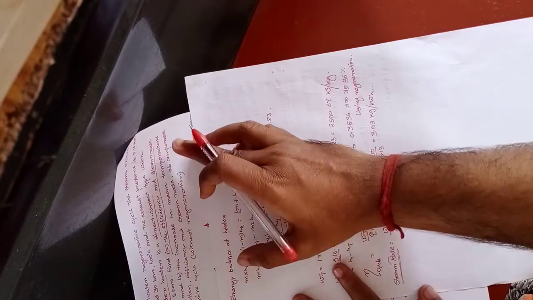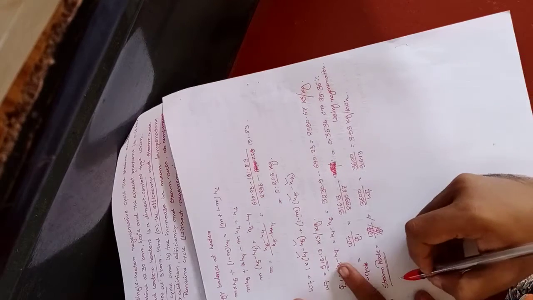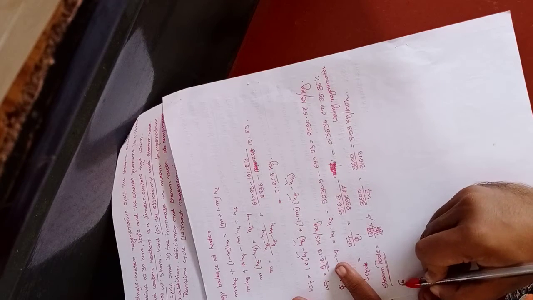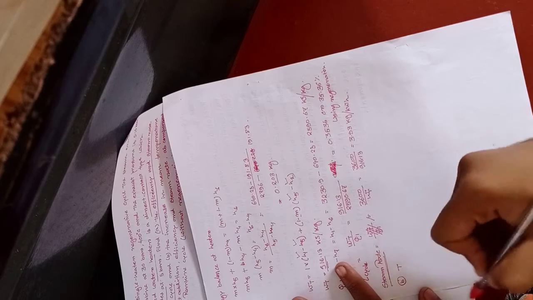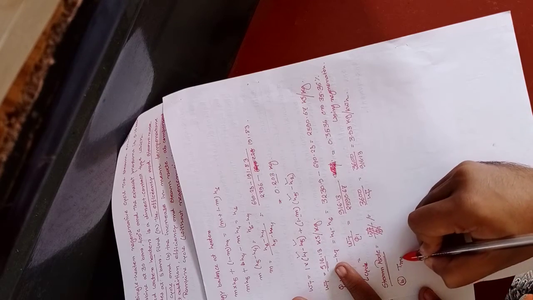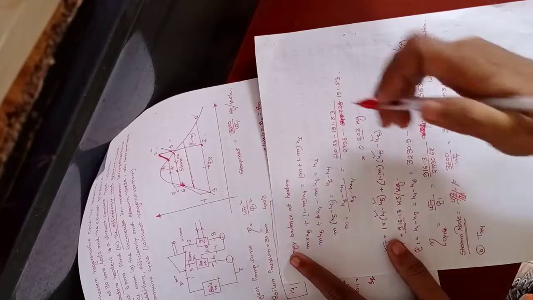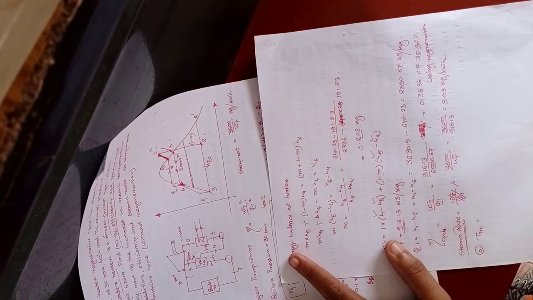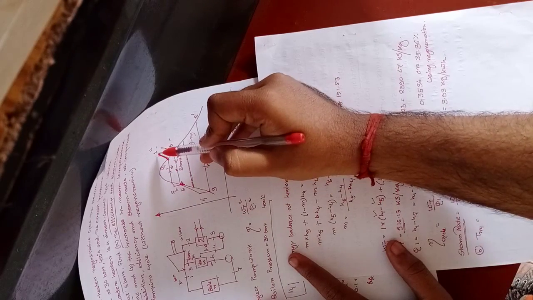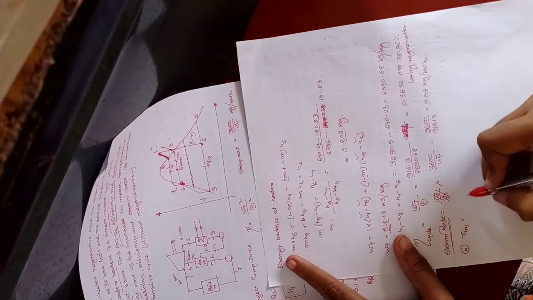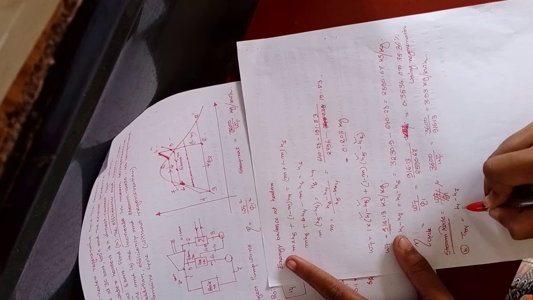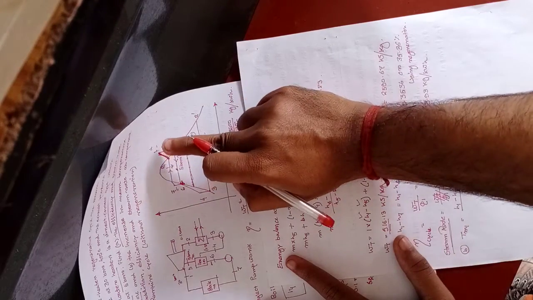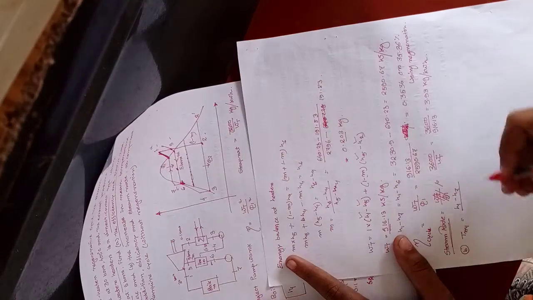So the increase in mean temperature of heat addition. First we have to find out what is the mean temperature with regeneration. Mean temperature means the change in enthalpy, that is H1 minus H7, divided by the change in entropy, that is S1 minus S7.